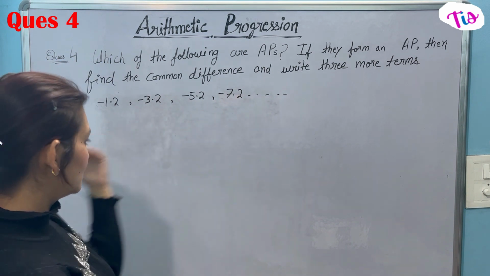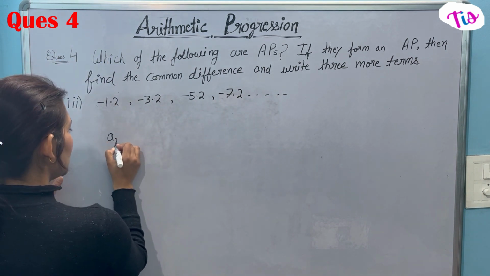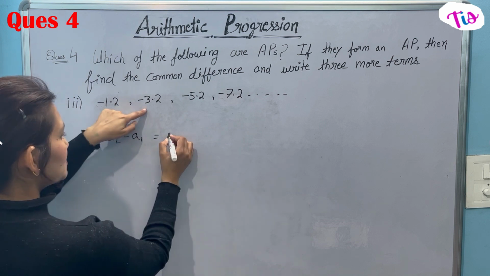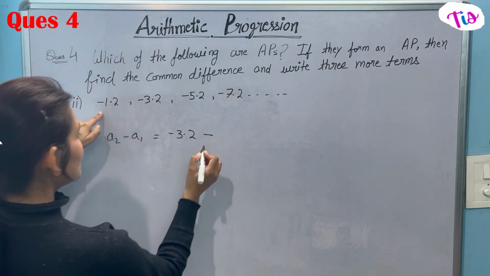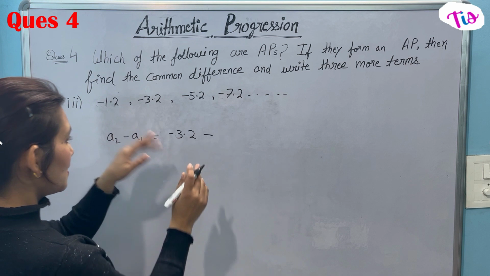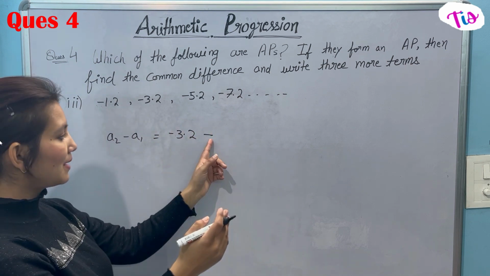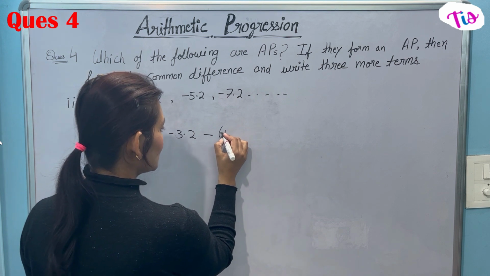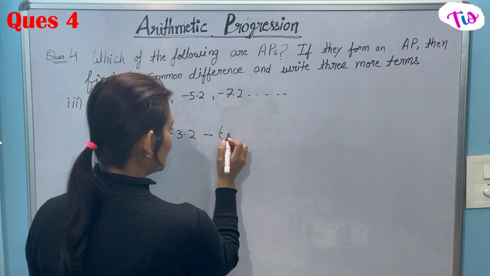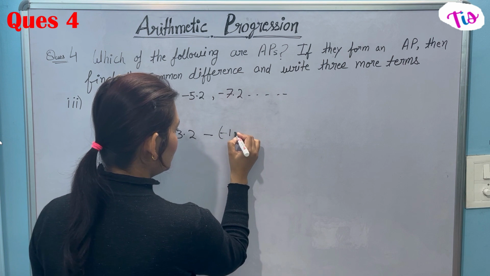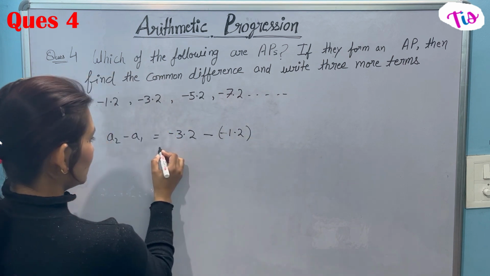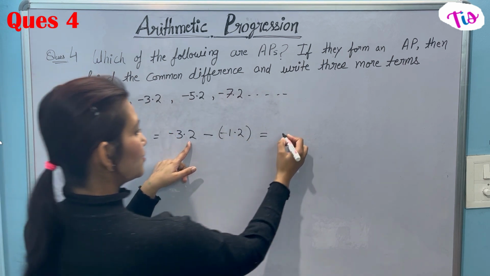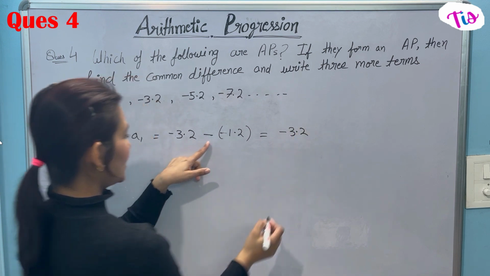So let's solve it. What is a2 minus a1? a2 is minus 3.2 minus a1. Be careful with the signs. Minus a1 is minus 1.2, so minus 3.2 minus (minus 1.2).